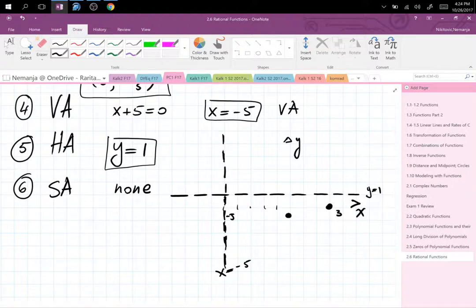So it should follow the y equals 1 asymptote, go through both points, bend, and follow the x equals negative 5 asymptote. So we ignore coordinate axes and start looking at the asymptotes to guide the graph.